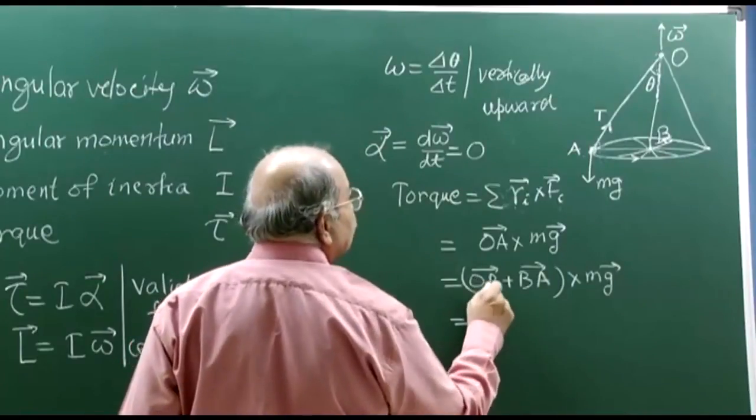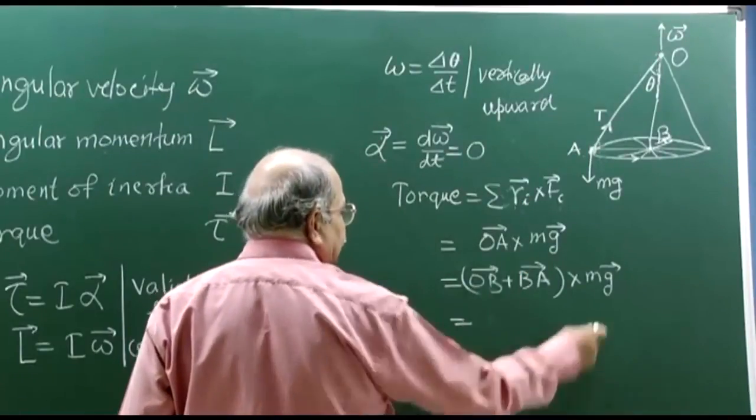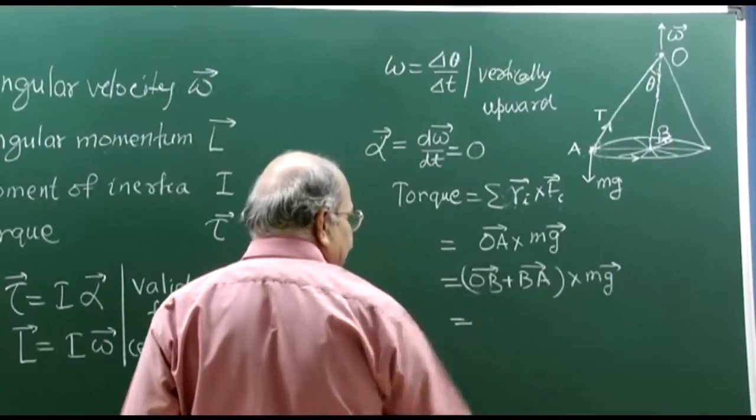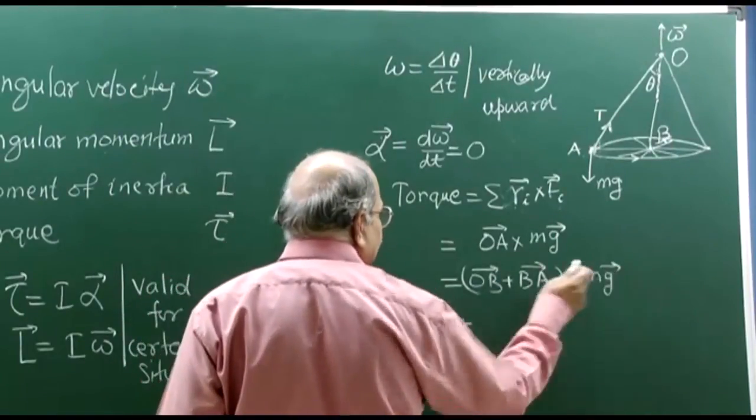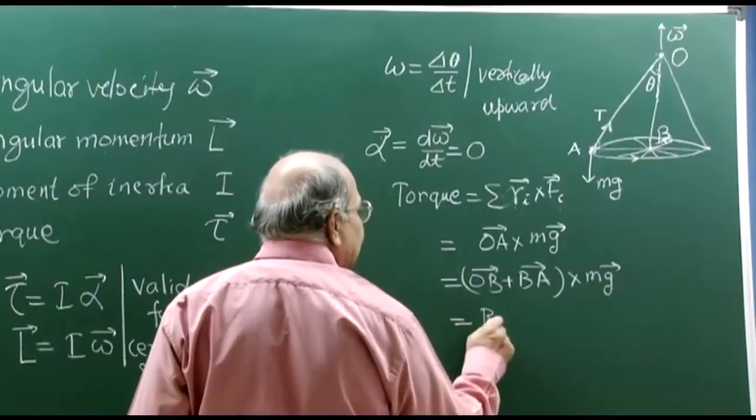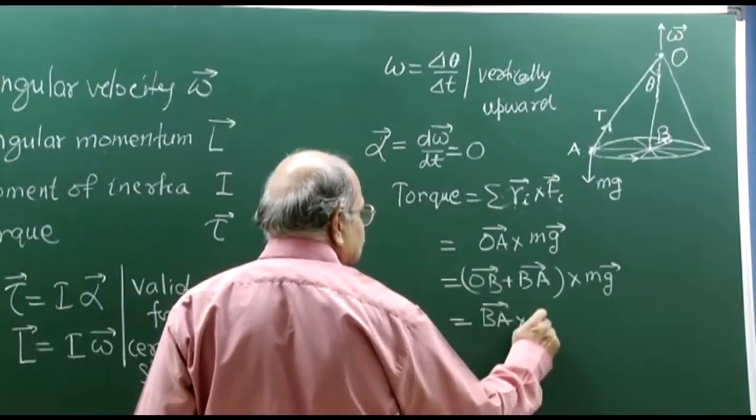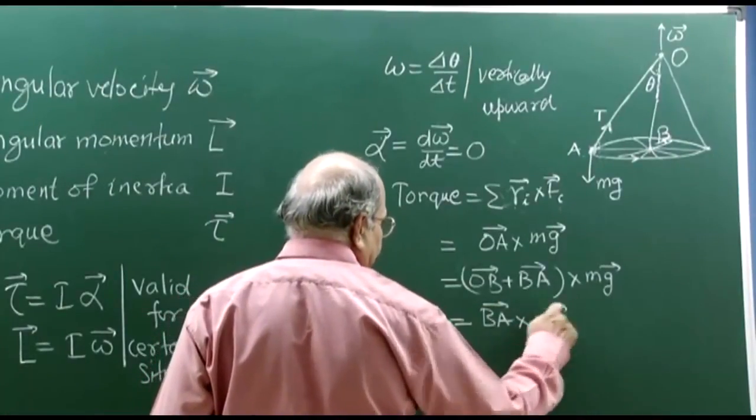Then OB is in vertical direction, mg is also in vertical direction, so this cross product will be 0, and it will be BA cross mg vector.